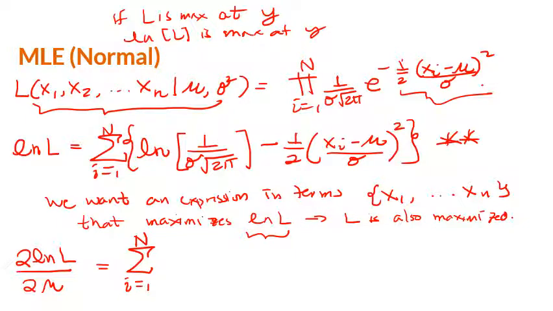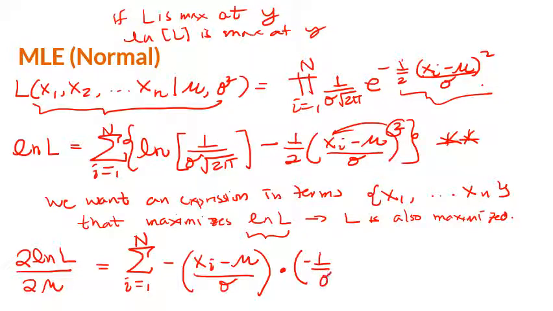Pag bumaba yung 2, magiging negative (x sub i minus mu) all over sigma squared, times yung derivative ng loob, chain rule. So ano yung magiging sagot, class? Magiging sagot ay negative 1 over sigma, so mawawala yung negative sign.